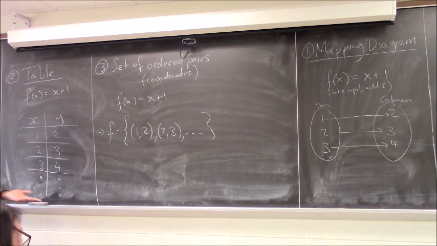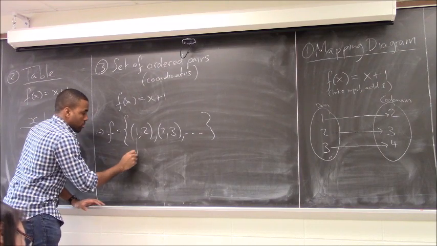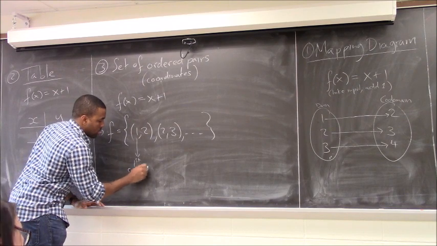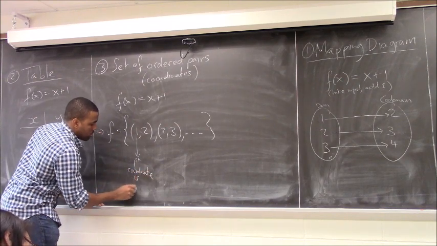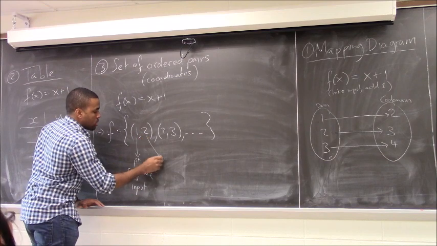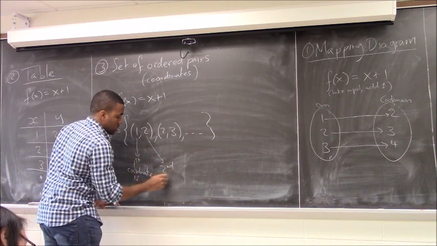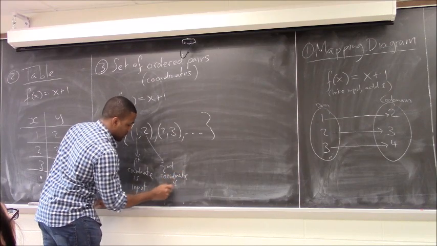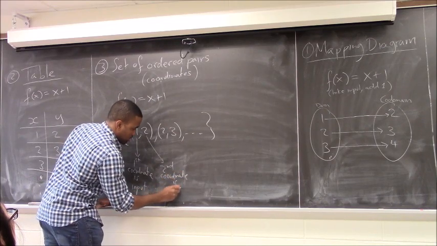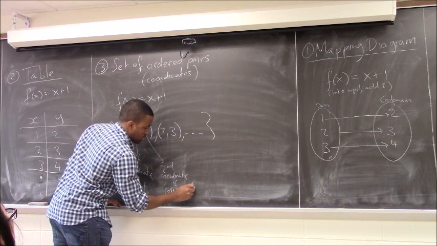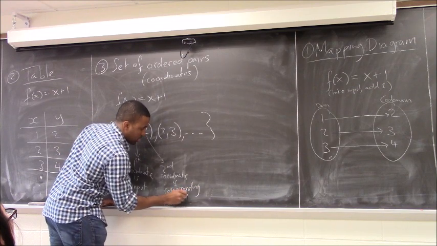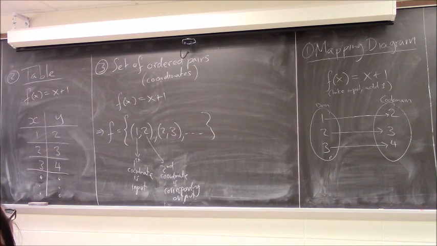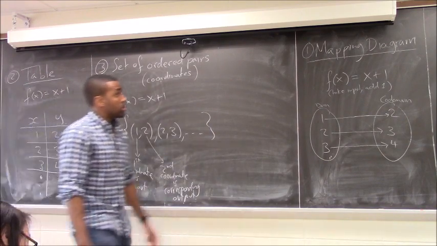And I can write a set of points, where the first coordinate is the input value. The second coordinate is the corresponding output. So we can have a list of coordinates, and that's another way to represent a function.